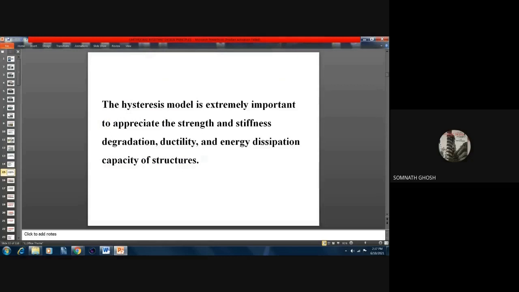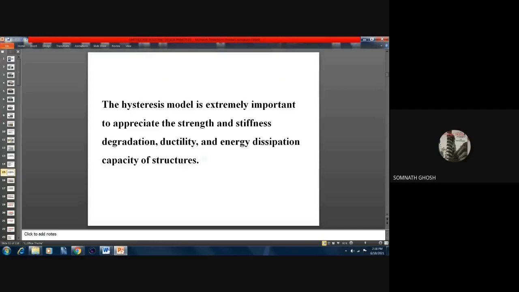When a particular structure is subjected to dynamic loading, at a particular point, at a particular time, maybe it is under tension. But immediately, in the next second, that particular point may be under compression. And that continues.